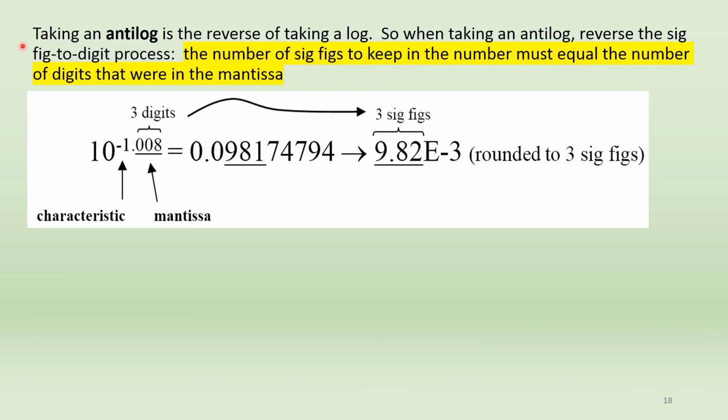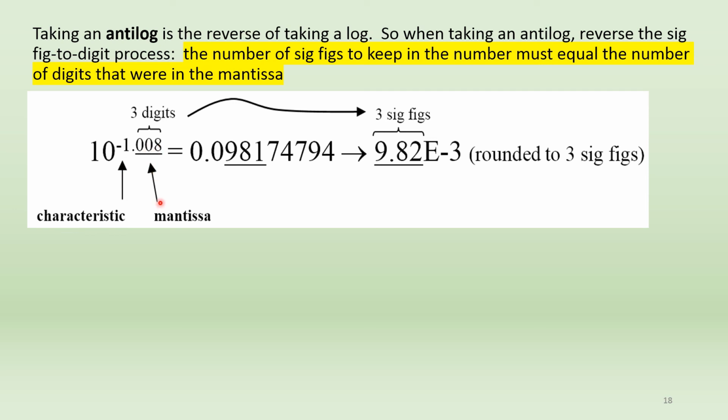So when we take an antilog, it's the reverse of taking a log. So here's the antilog of -1.008. This number is a logarithmic number. It is made up of the characteristic, -1, and the mantissa to the right of the decimal.